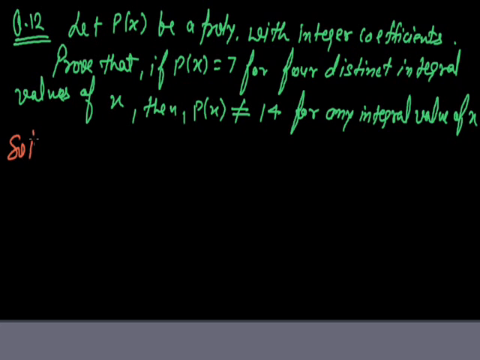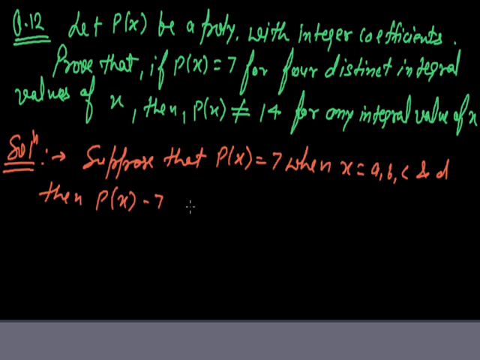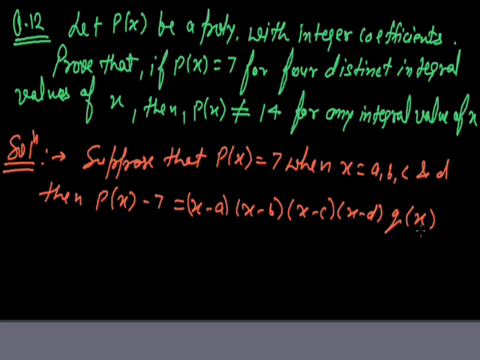The solution may be given as, suppose that p of x is equal to 7. Now when x is equal to a, b, c and d, then p of x minus 7 is equal to (x minus a)(x minus b)(x minus c)(x minus d) into q of x by divisibility theorem.